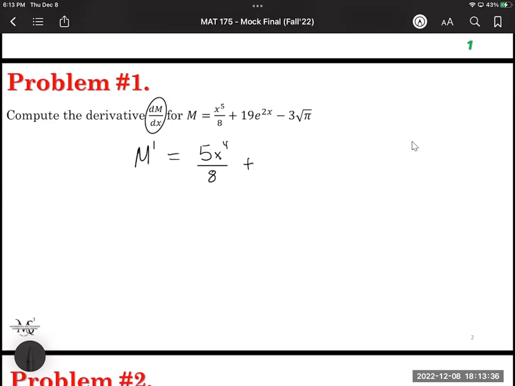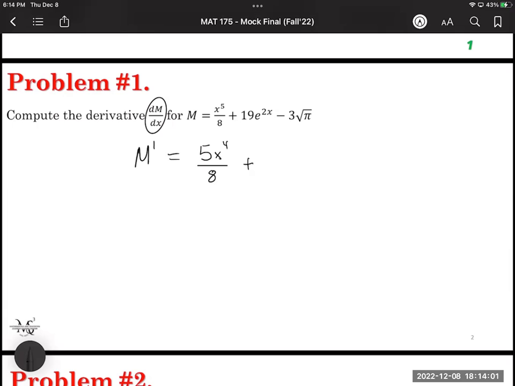What is the derivative of 19e to the 2x? First of all, what derivative rule is needed in order to take the derivative of 19e to the power of 2x? The chain rule, that's right. Thank you, Nora.